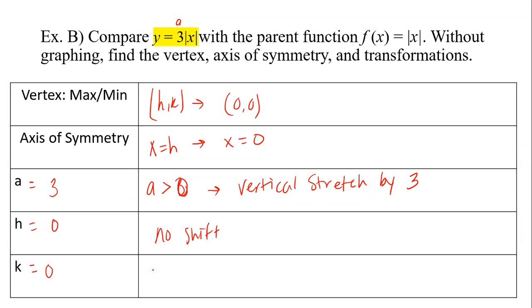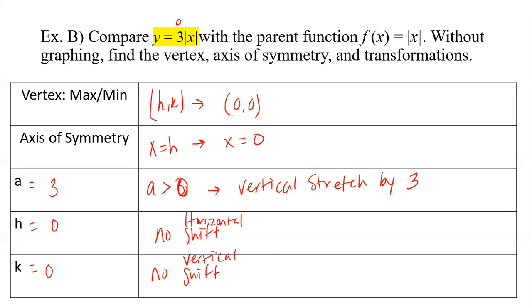There's no horizontal shift, and there's no vertical shift. And you've now described what's happened. You identify the vertex, the axis of symmetry, and you describe what took place.